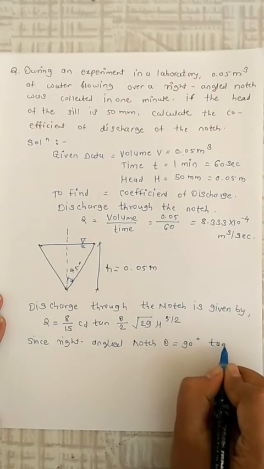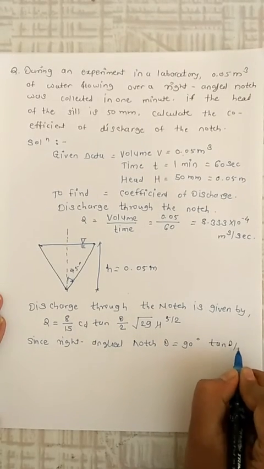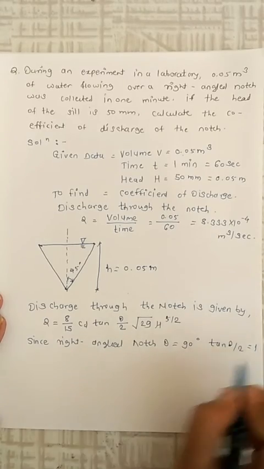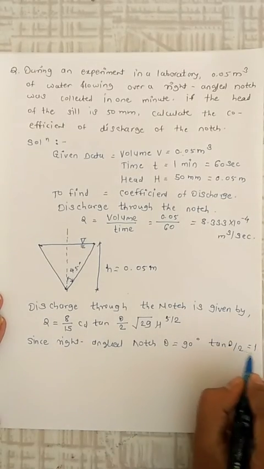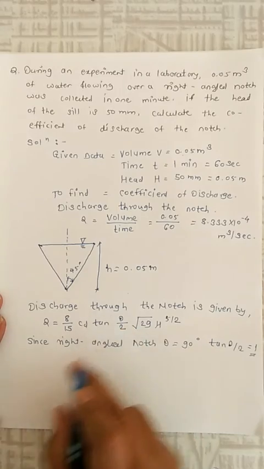So tan of theta by 2 is equal to 1. We put this value in the above equation.